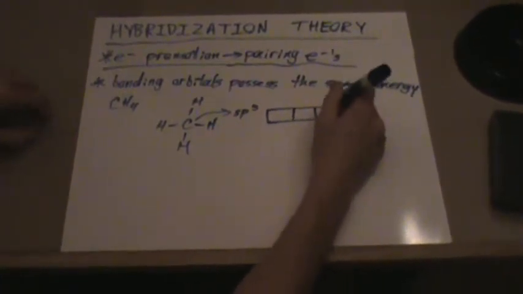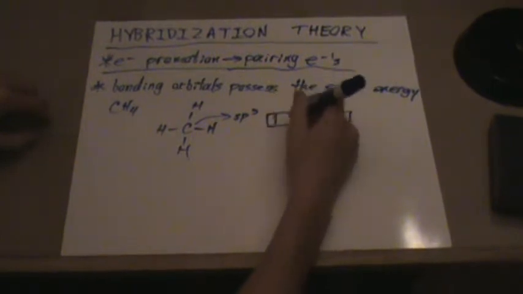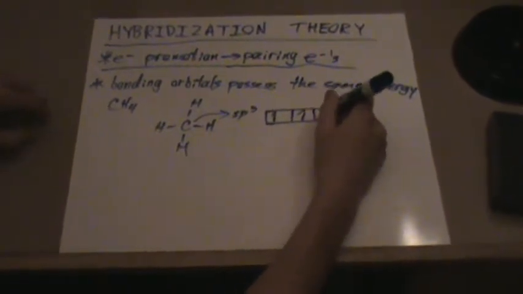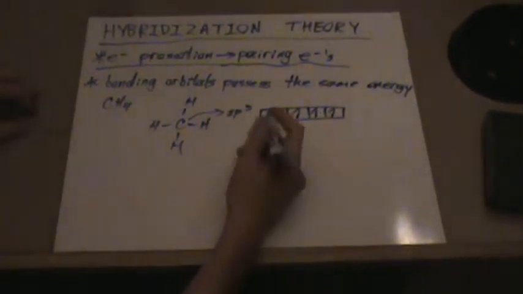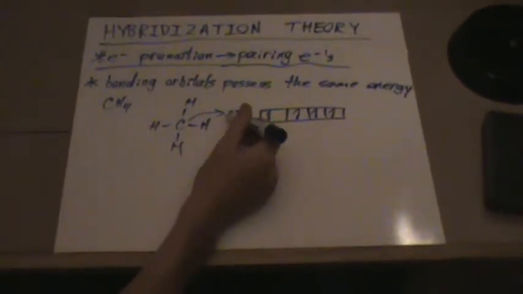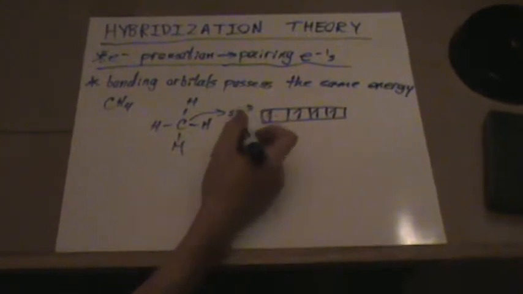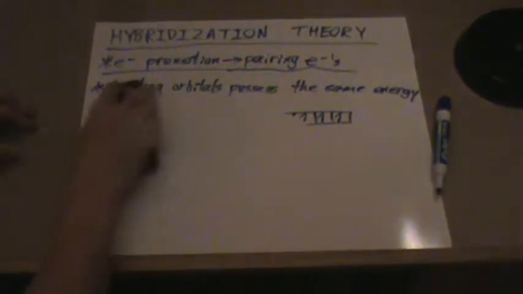They are all half-filled, but most importantly, they all have equal energies, and in fact, as we showed in the last video, they are a combination of the 2s and 2p orbital energies, which means that they are right in the middle, which makes sense because it is a combination of one s orbital and three 2p orbitals. Okay, and so that is another one of the big rules that we learned in the last video.